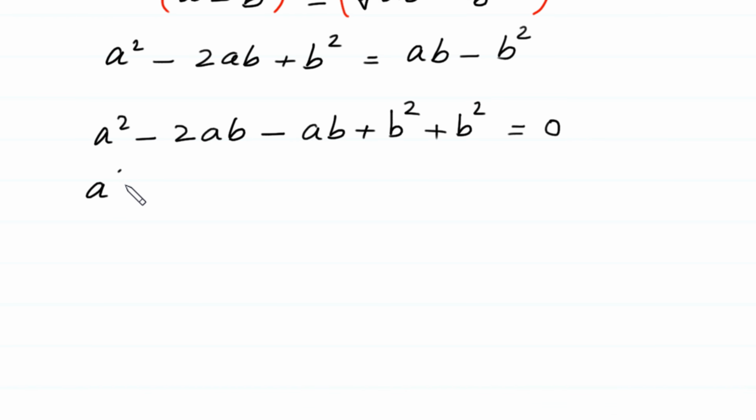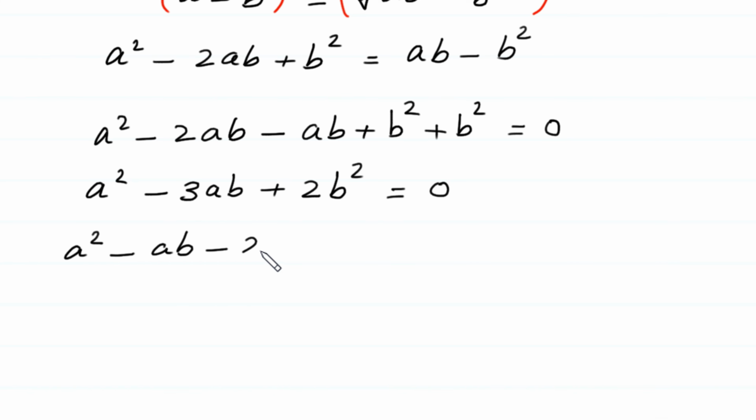Next, a square, minus 2ab minus 1ab is minus 3ab, and 1b square plus 1b square is 2b square, equal to 0. Next, we can write this minus 3ab as minus 1ab minus 2ab, plus 2b square is equal to 0.